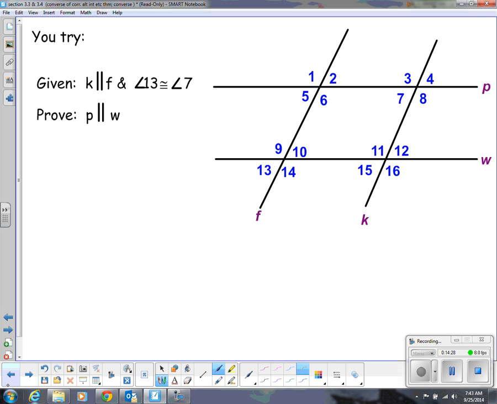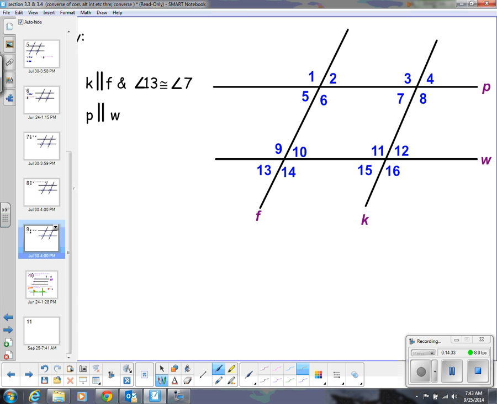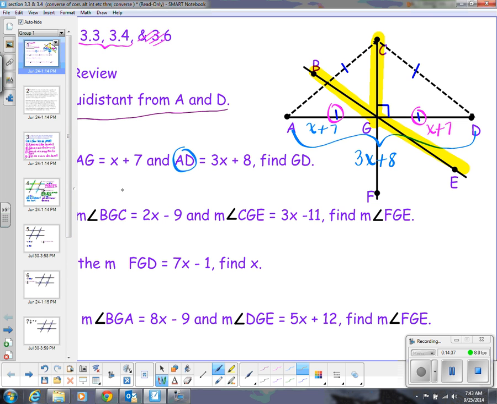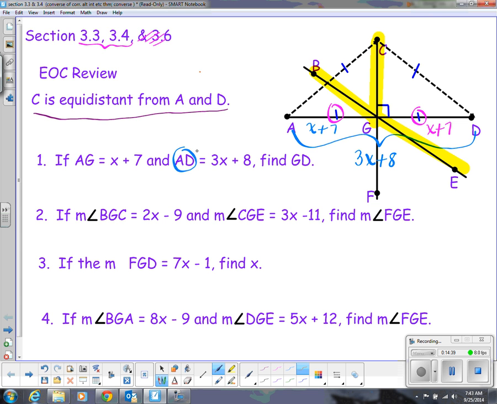So I'm going to put the warm-up back up. How many did not complete the warm-up? How many people need it? You do number 2. Will I do number 2? What do you know about this? If this is 2x minus 9, and this other one is 3x minus 11, what equation do you write?